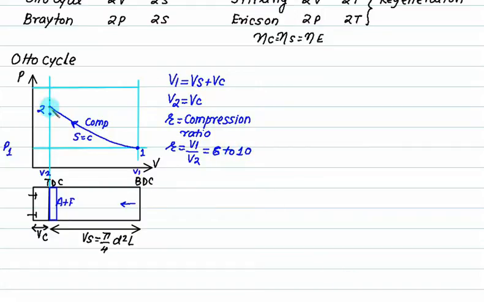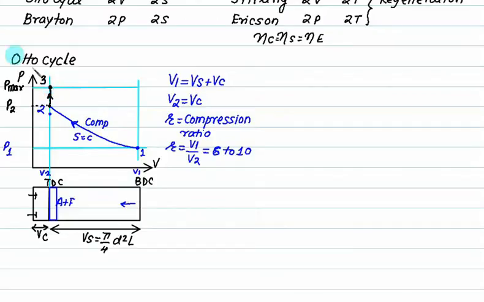Then at point number 2, the heat is added at constant volume, assuming that the piston is held constant, which is practically not possible. So 2 to 3 is a constant volume heat addition process. As the heat is added, the pressure will reach the maximum value, Pmax, which equals P3. The pressure attained at the end of compression is according to the ratio 6 to 10. And at point 3, the temperature is maximum.